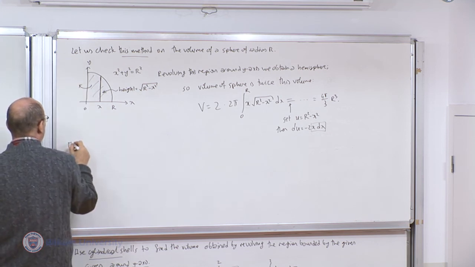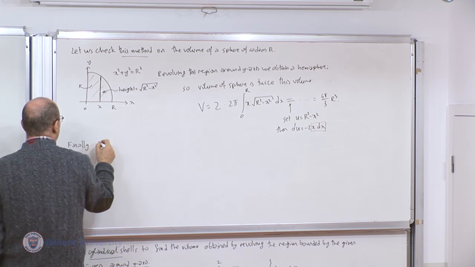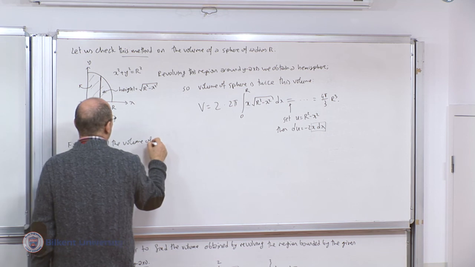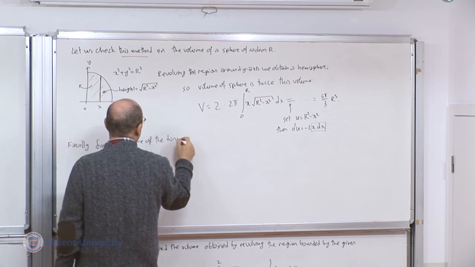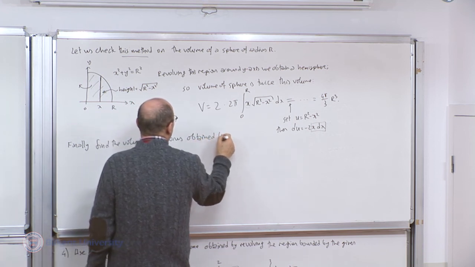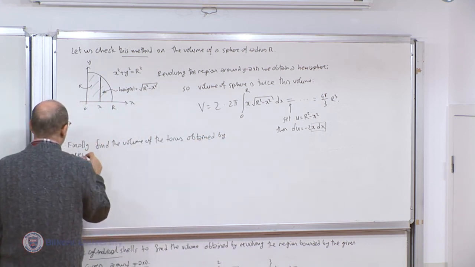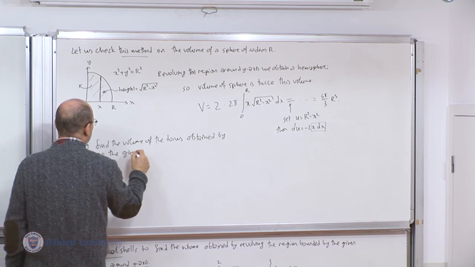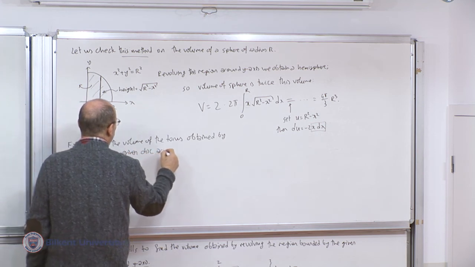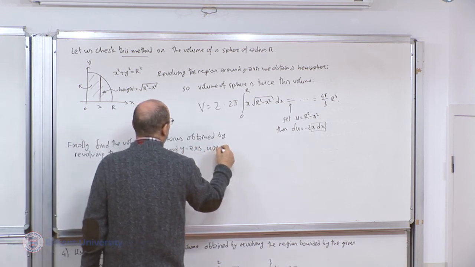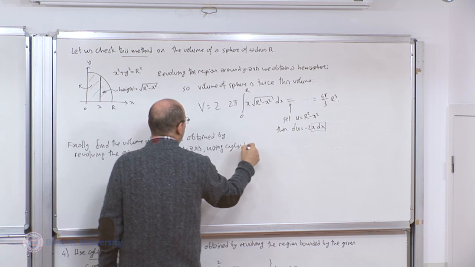Okay, so finally, find the volume of the torus obtained by revolving the given disk around the y-axis using cylindrical shells.